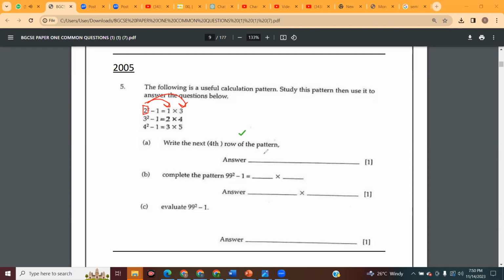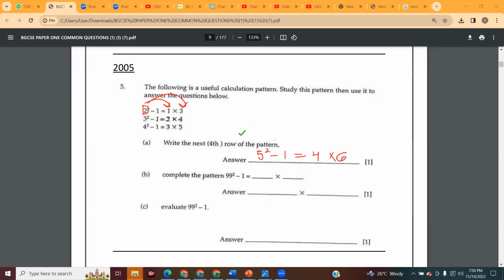Right? So the fourth row is going to be 5 squared minus 1 equals what? 6 minus 1 is 4. So it's going to be 4, and plus 1 is what? 6.